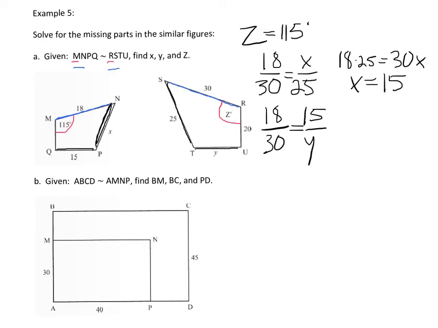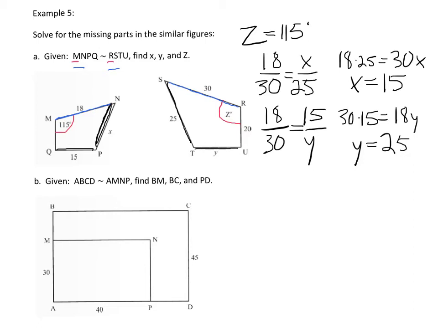And I have my smaller over my bigger, so 15 over y. I set up to cross multiply, so 30 times 15 equals 18y, and I solve for y to get 25. So that's how you go about solving for missing side lengths and angle measures.